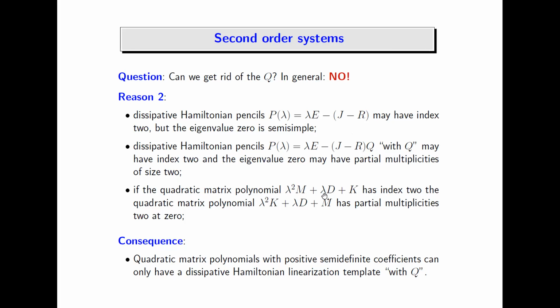This is easy to construct examples. And then if I look at the reversal, then the linearization template should also work for that. But then I have partial multiplicities 2 at 0. So to guarantee that this is possible, again, we would have to use such a linearization. So that's the second reason that we have here. But still, even this pencil here has nice spectral properties.